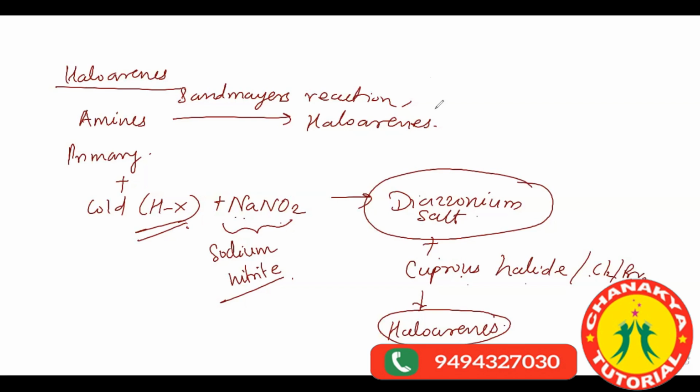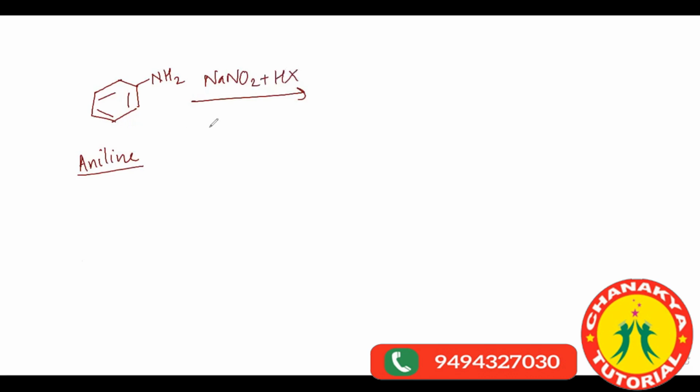Shall I erase it? Yes, ma'am. Fine. Now, what happened exactly in this reaction? Check first. This would be your benzene ring, correct? And your primary amine, when it is directly attached to your benzene ring, what is it? Aniline, correct? When aniline is treated with sodium nitrite with mineral acid, the temperature would be cold.